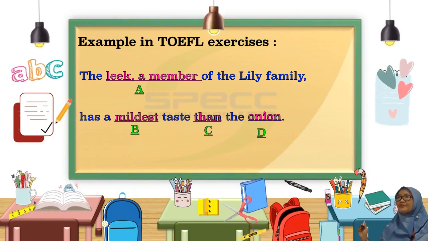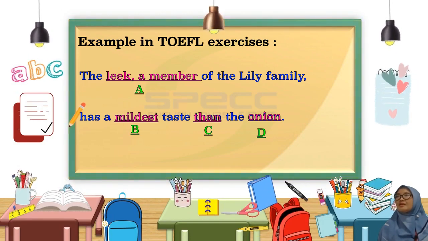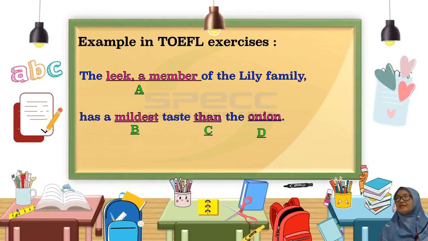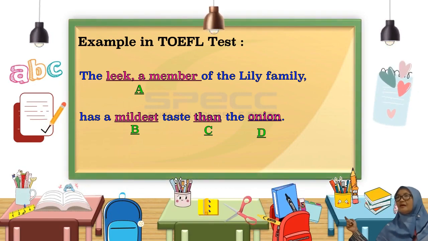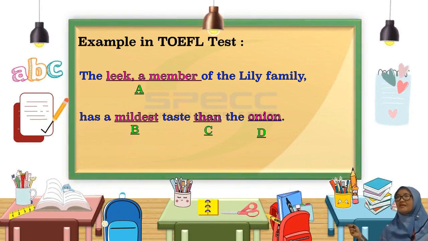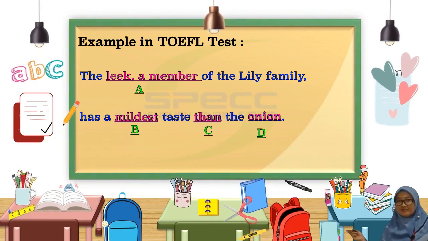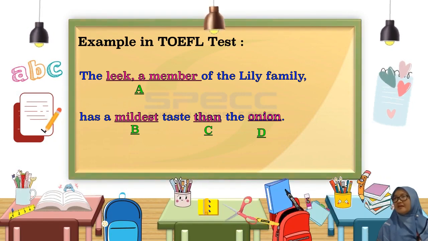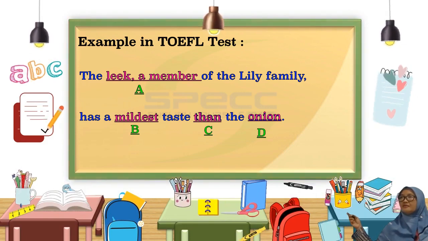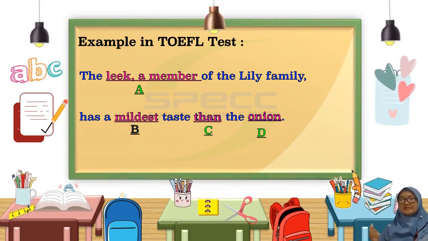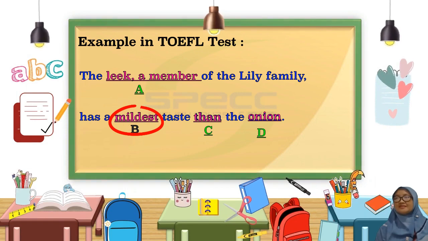So the sentence must be: The leek, a member of the lily family, has a milder taste than the onion. So the error is in part B. So the answer is B.